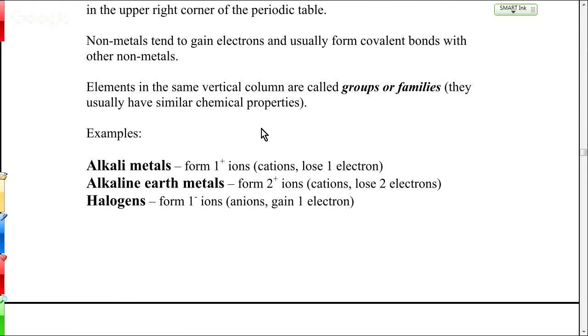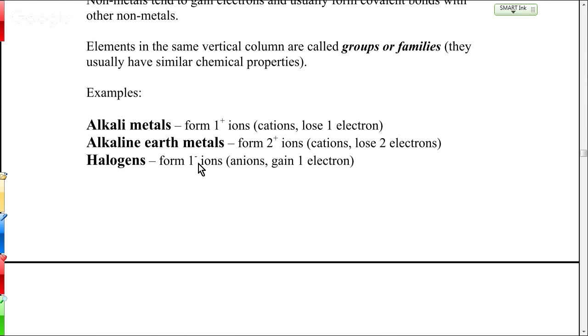But where do you think the alkaline earth metals are? 2A, right next to them. And those are the ones that form the 2+ ions generally. Those are important things to know as we talk about forming ionic compounds. And then where are the halogens?